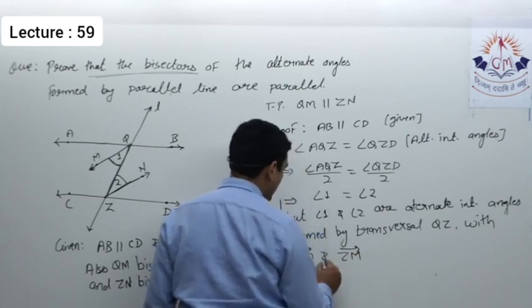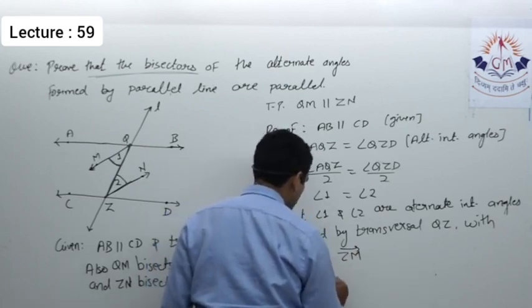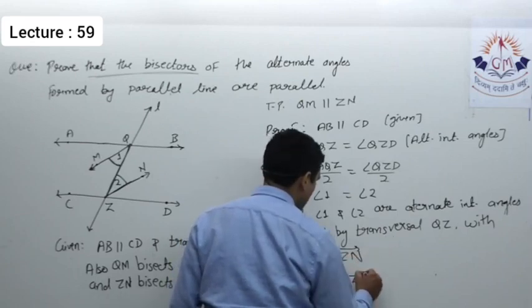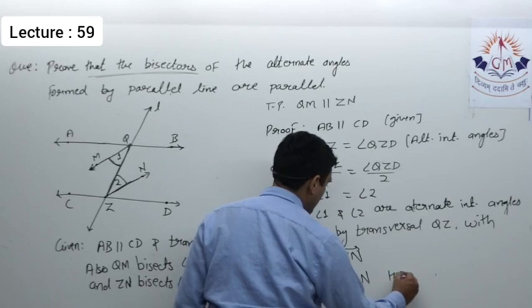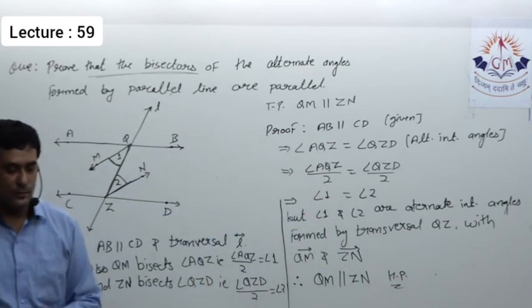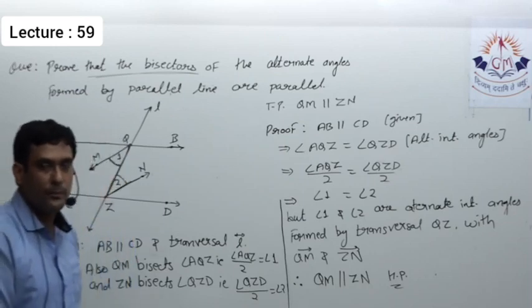Therefore I can say QM is parallel to ZN. Hence proved. Note it down, then I will give you a quick explanation of the same question once again.